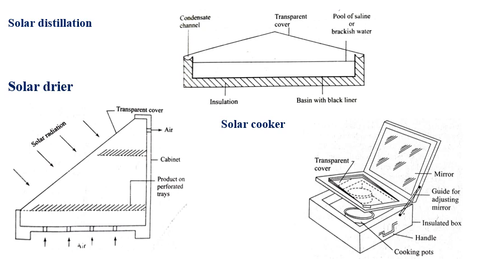So you can see a transparent cover and mirror, then a guide for adjusting the mirror, insulated box, cooking pots and handle. The solar radiation entering the box is of short wavelength. The longer wavelength radiation is not able to pass through the glass cover, so re-radiation from the absorber plate to outside the box is minimized by providing the glass cover.